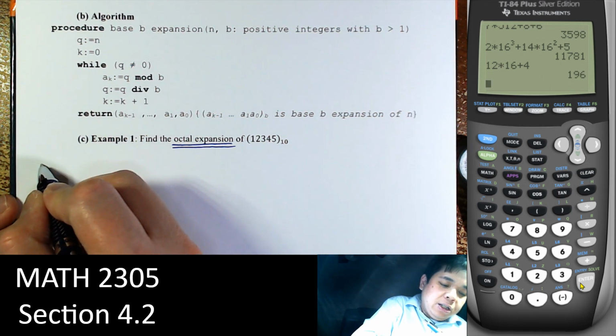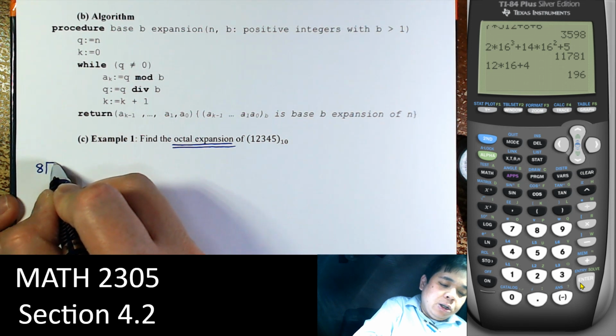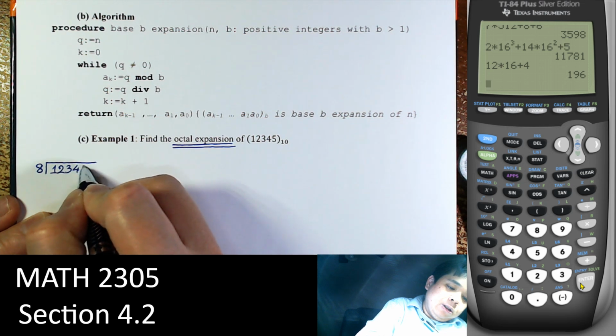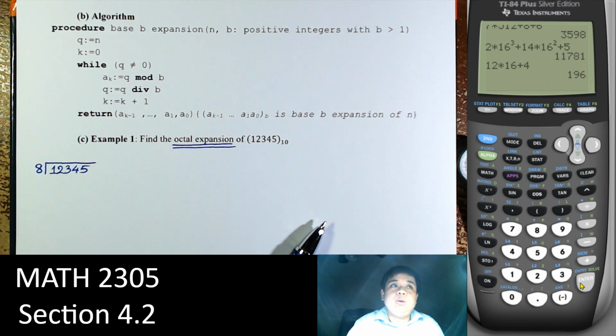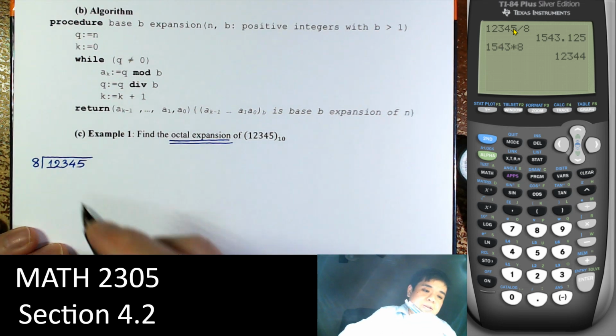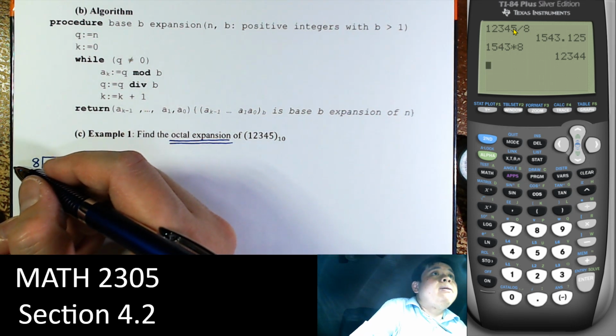Right here, we can use a calculator. 12345 divided by 8. In that case, just take the whole number times 8, and that is 1 less than the dividend.